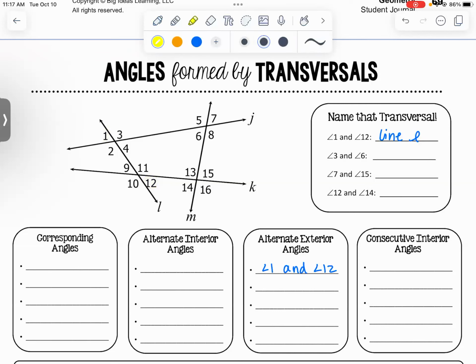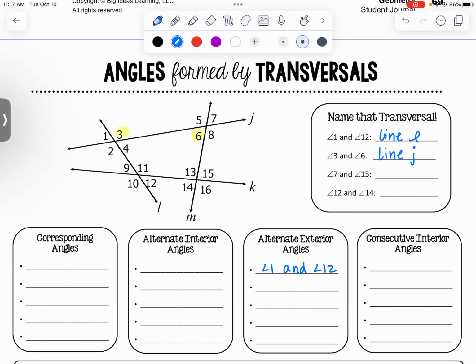All right, let's go to the next one, 3 and 6. If we look at those 2 angles, which one is our transversal? Line J. Line J is going through 2 lines to create those 2 angles.